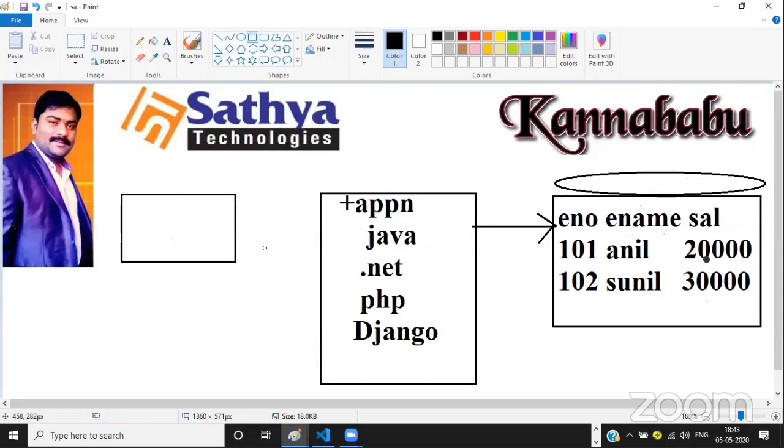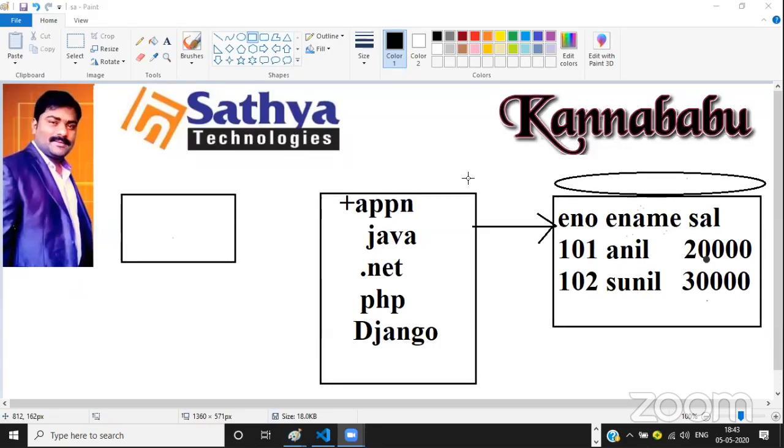For example, an ICICI Bank employee is there. ICICI Bank application is developed. After developing the application, the bank will give training to the employees of ICICI Bank. Are you following what I'm telling here?